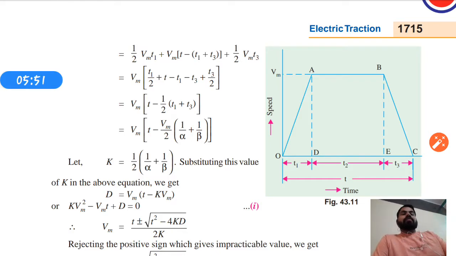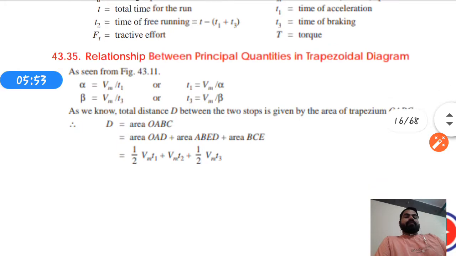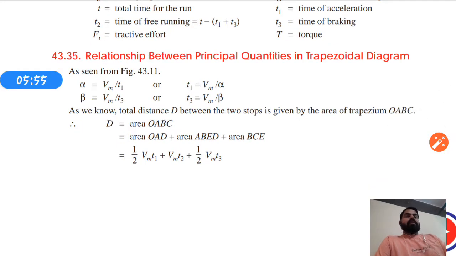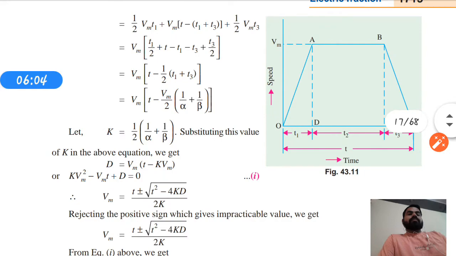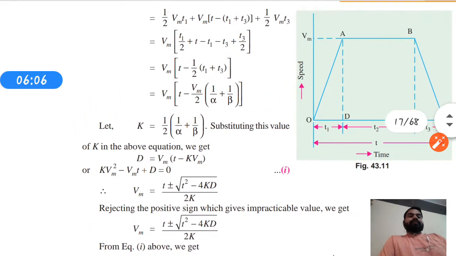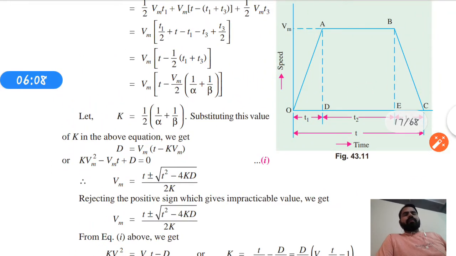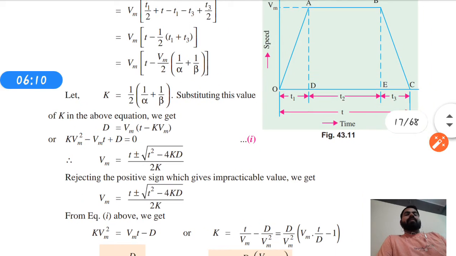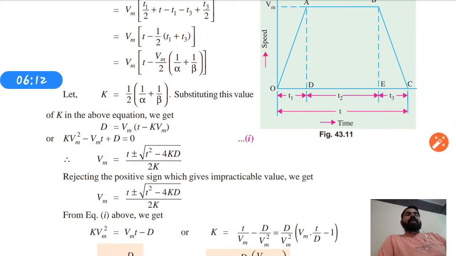Substituting these values of t1 and t3, it will be Vm t minus Vm upon 2 into 1 upon alpha plus 1 upon beta.